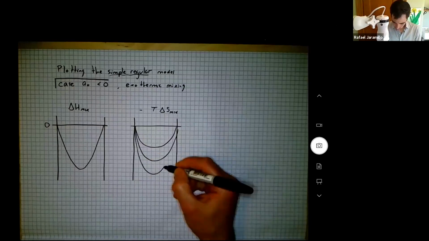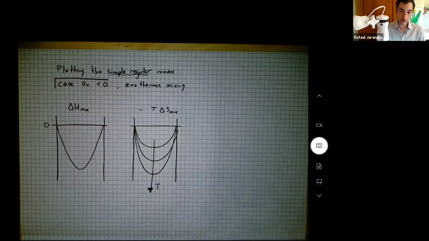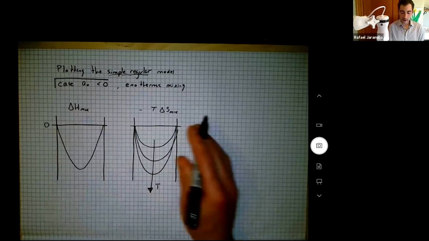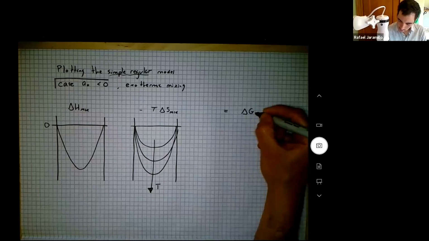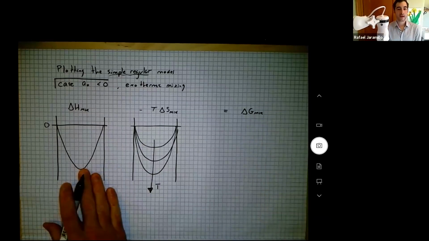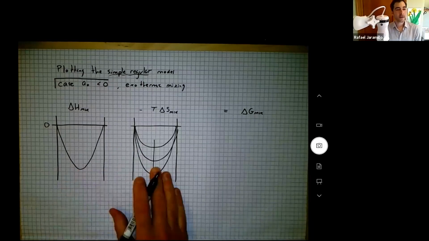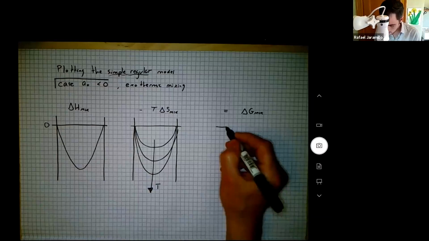Right. This series is for increasing temperature. We have delta H mix minus T delta S mix equals delta G mix. So we can see here the enthalpy favors mixing, the entropy favors mixing, and so the Gibbs free energy is going to, somebody?